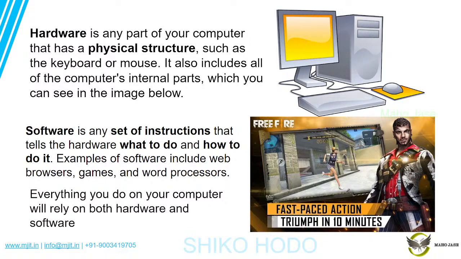Each and everything comes under the browser itself or the software. If you take a browser, it comes under software. If you take a game, it comes under software. If you take word processors, it comes under software. If you have a video player, it comes under software. If you have an audio player, it comes under software. So everything inside the system is software.